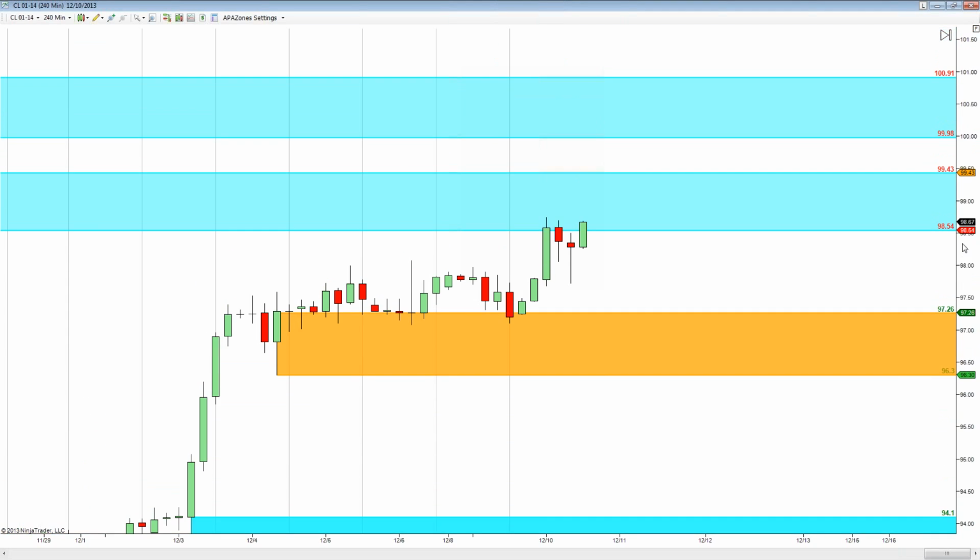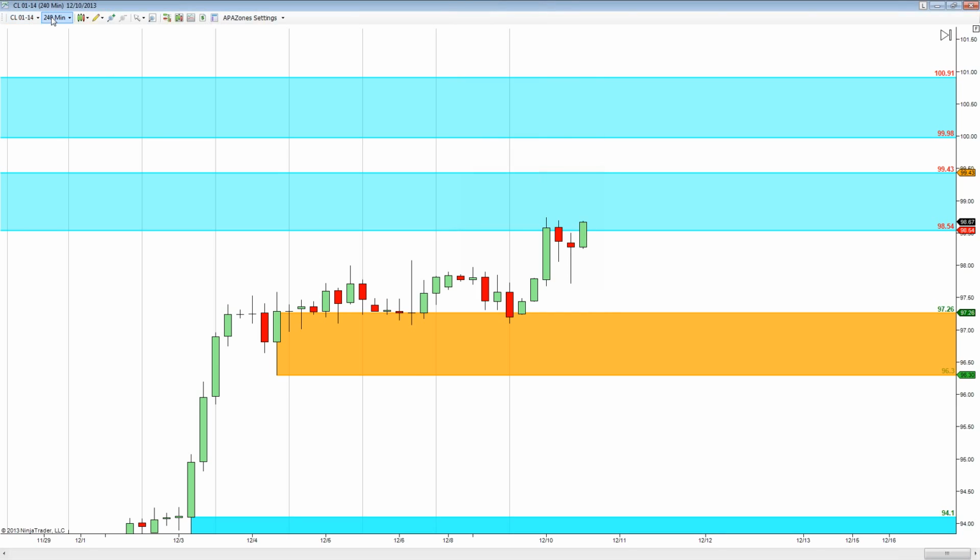If you've been drawing them out manually, now you don't have to do that anymore. That's really nice, and it gets it really darn close. Again, it's just looking for consolidation and then expansion out of that. So that's what we're looking at on a 240-minute.